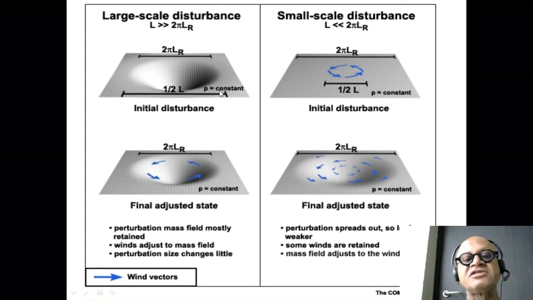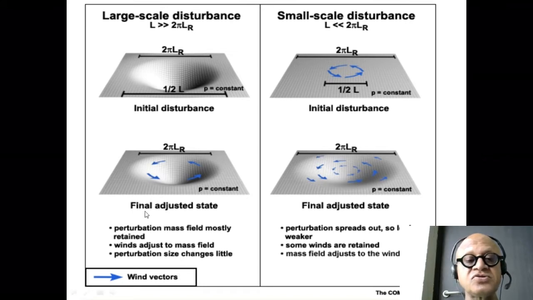So you can see that that's a pressure equals constant surface. So it's like a mass field, which means it's a pressure field, and winds have adjusted to the pressure field. Okay, so you have created a cyclonic circulation about this low pressure disturbance coming in at a very large scale, and the perturbation size itself hardly changes.